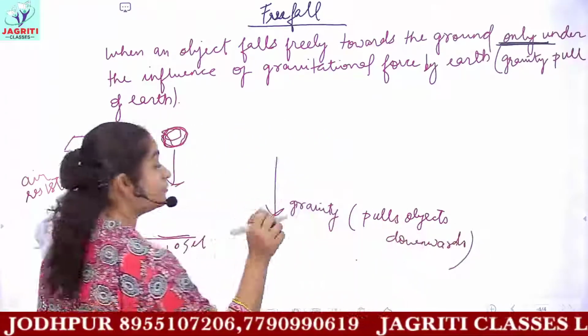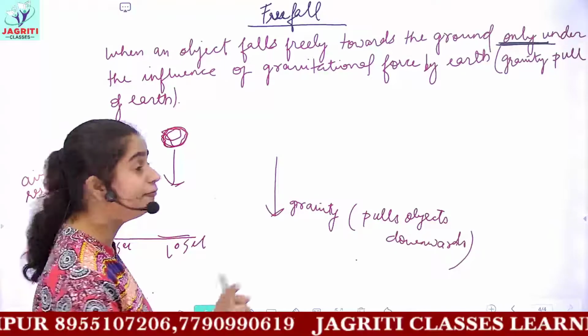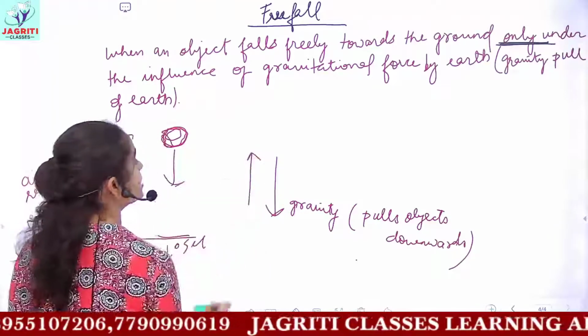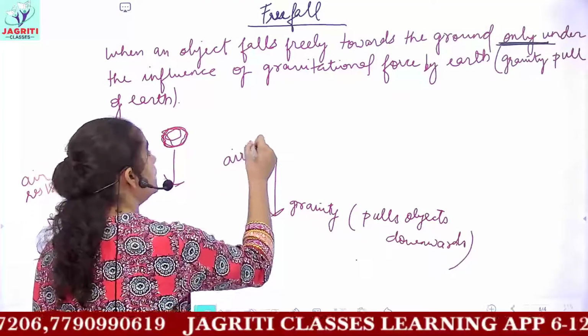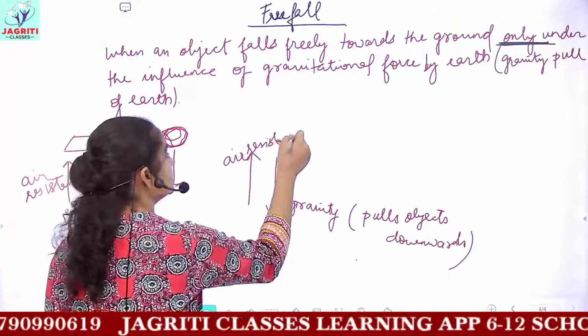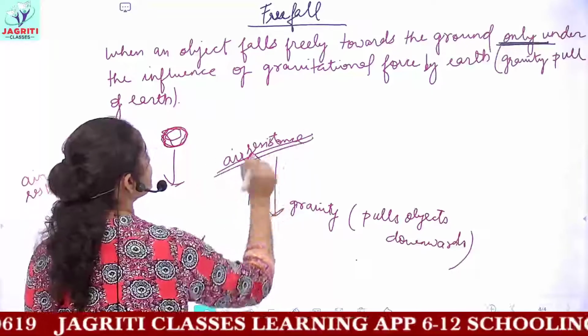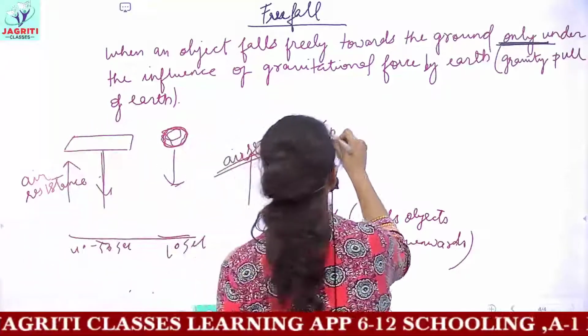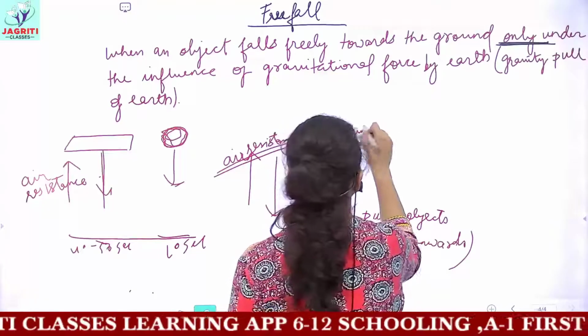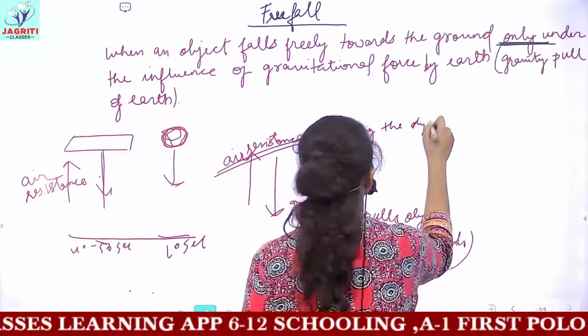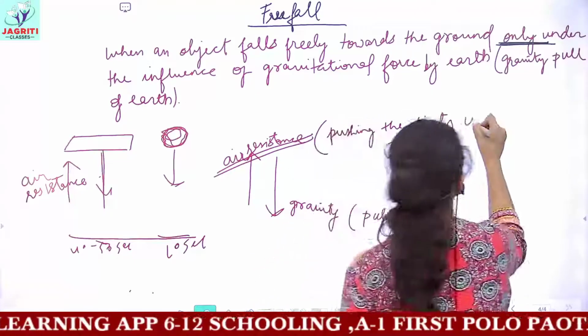And then you have a second kind of force which is acting here on the object, and this force is called air resistance. And this air resistance is doing what? It is pushing the objects upwards.